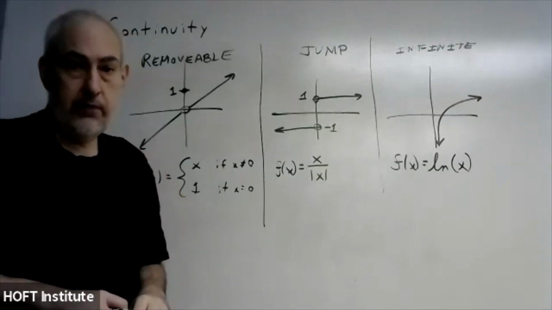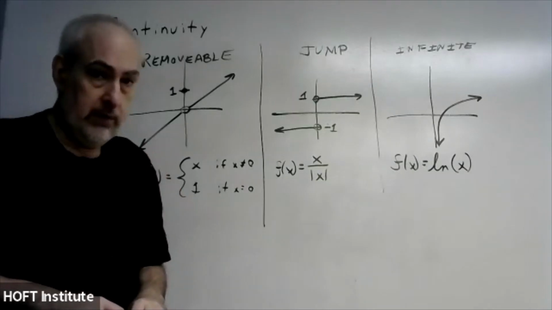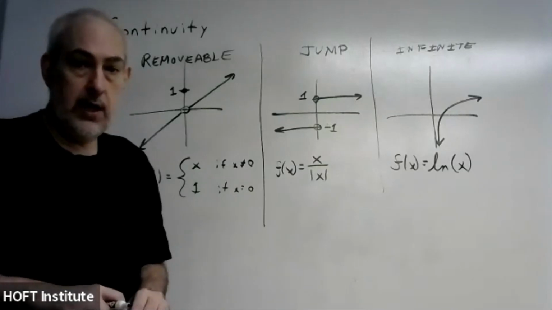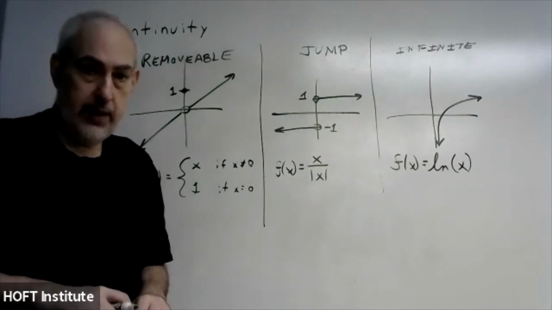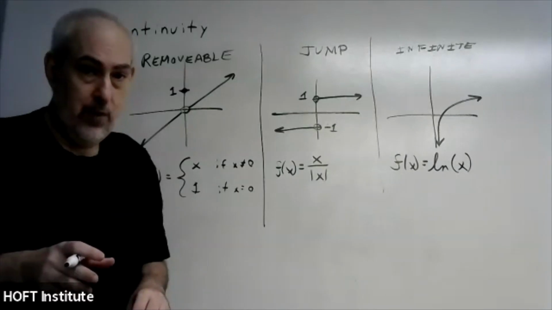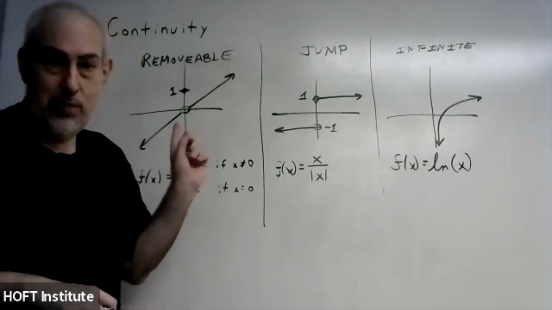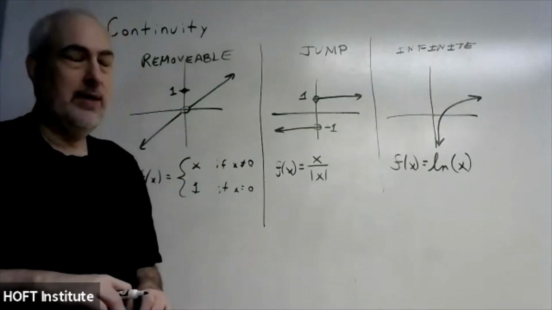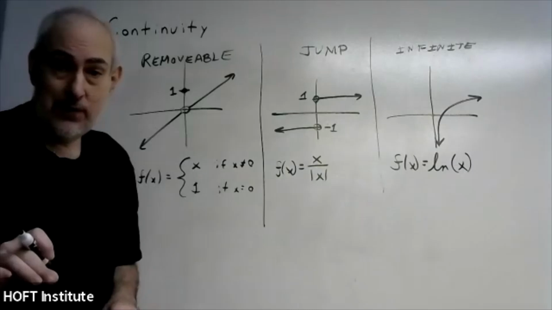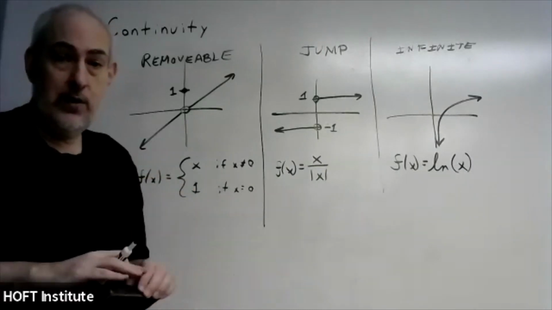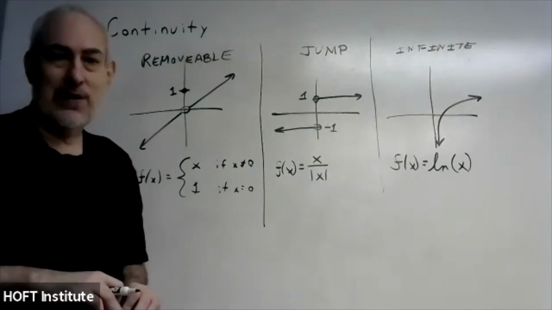If your limit from the left and the limit from the right both exist and they're both equal, then you need to check what is the value at the point, like f of a, and if that is different, or if that point doesn't exist, then it's removable. But of course, the last case is if the point does exist and it's equal to the limit, then it's not a discontinuity at all. It's continuous at that point.